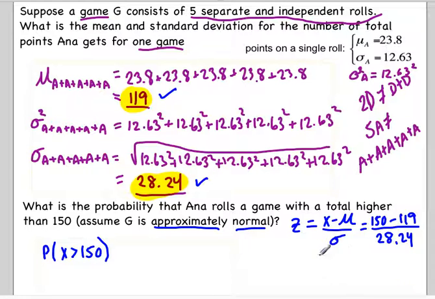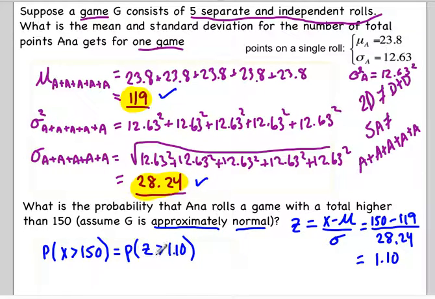When you type that in, your z-score is 1.10. Now go back over here and make sure your notation is nice and pretty. So the probability of her game total being higher than 150 is the same thing as the probability of her z-score being greater than 1.10.